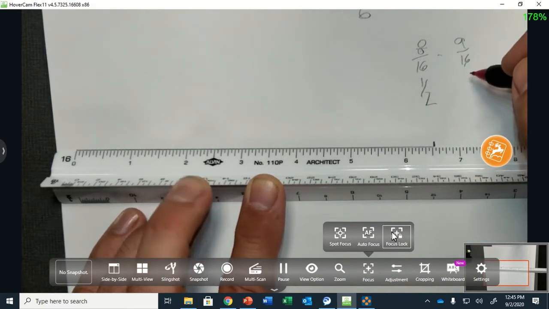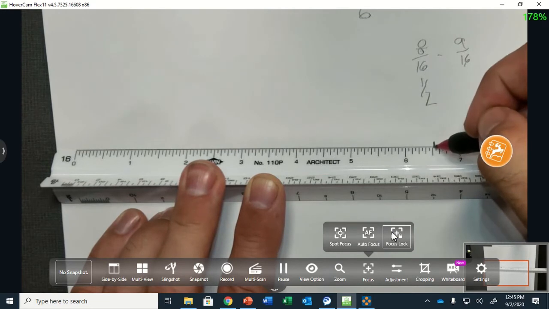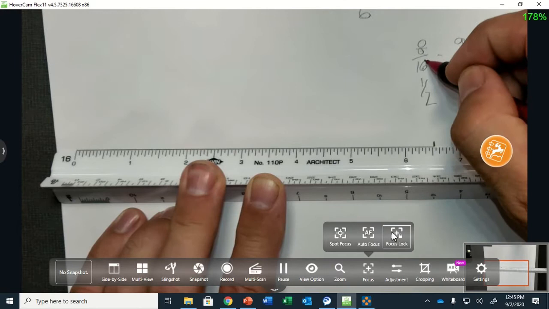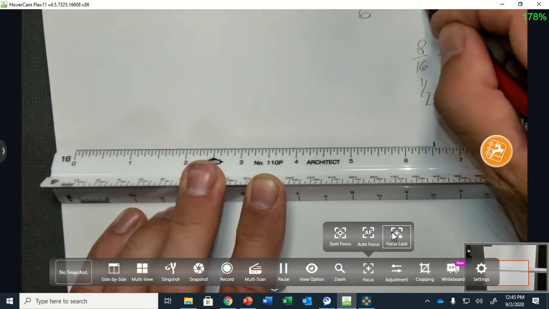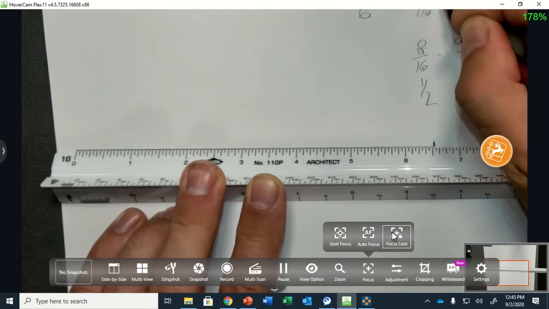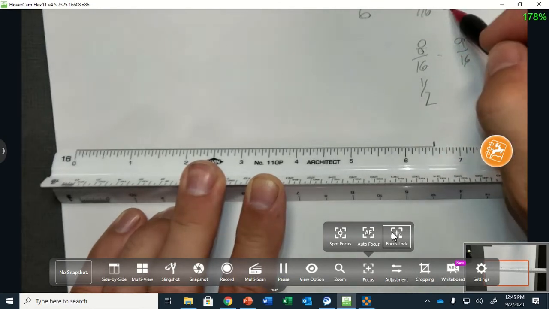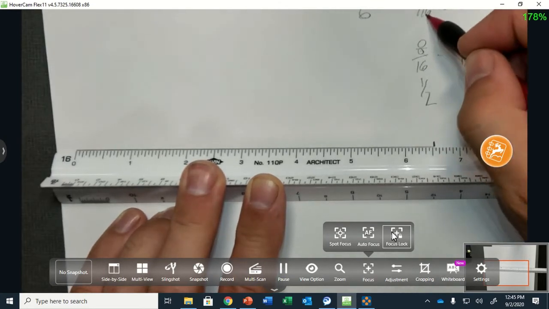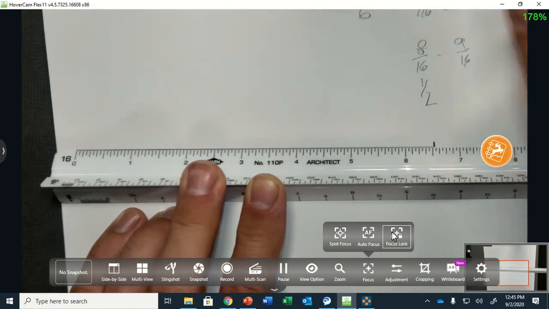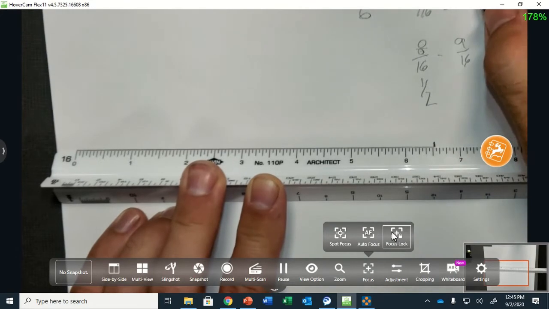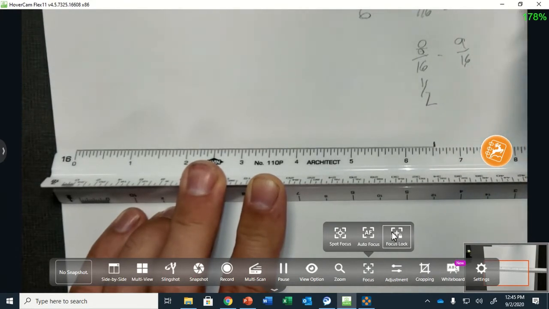However, we know we can only go to an accuracy of a half. So I want to convert 8/16 into 32nds. 8/16 equals blank over 32, right? What does that mean? 32 divided by 16 is 2, times 8 is 16. Okay? All right. We know 9/16.